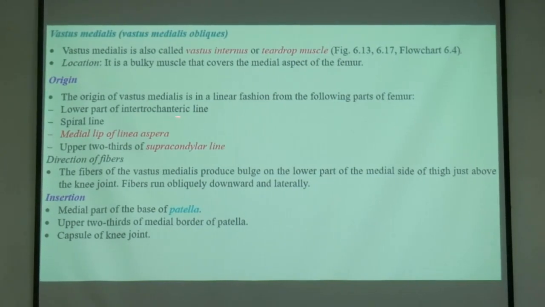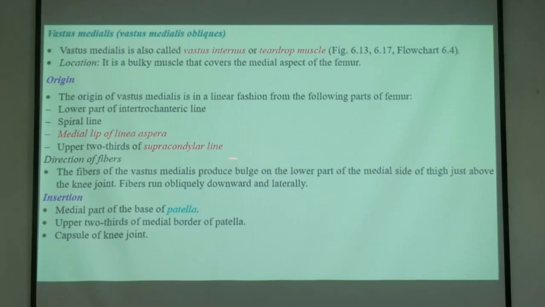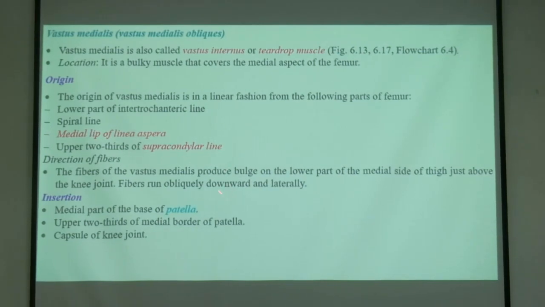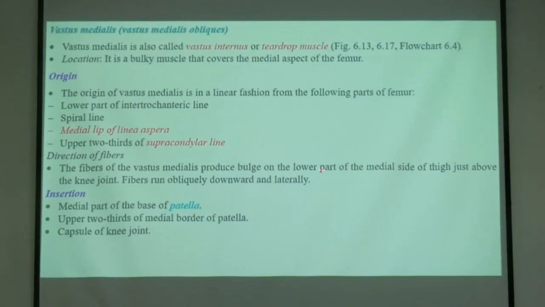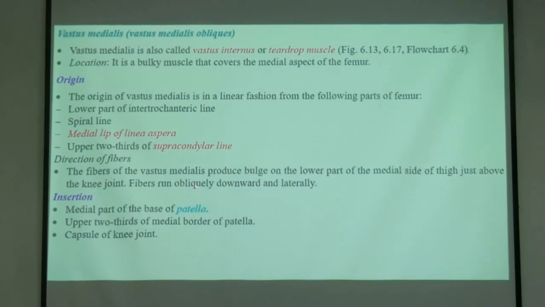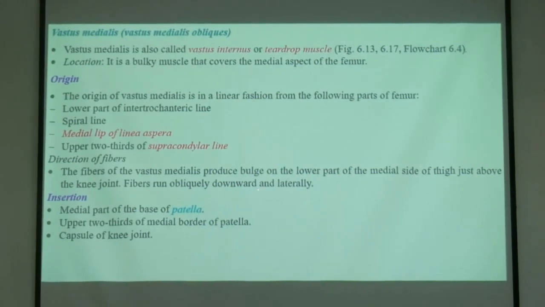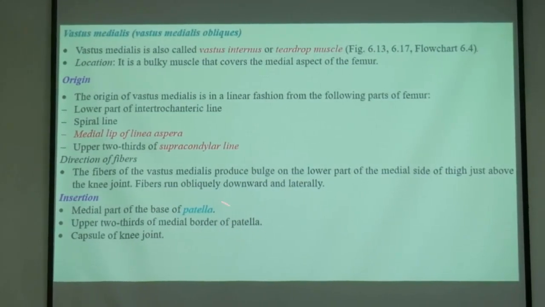Lower part of intertrochanteric line, spiral line, medial lip of linea aspera, upper 2/3 of the supracondylar line, and the fibers of vastus medialis lie on the lower part of the medial surface of the thigh just above the knee joint, and fibers run obliquely downward and lateral, inserting into the medial part of base of the patella, upper 2/3 of the medial border of patella and capsule of the knee joint.